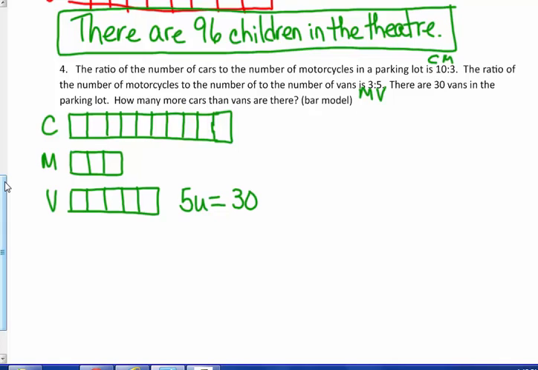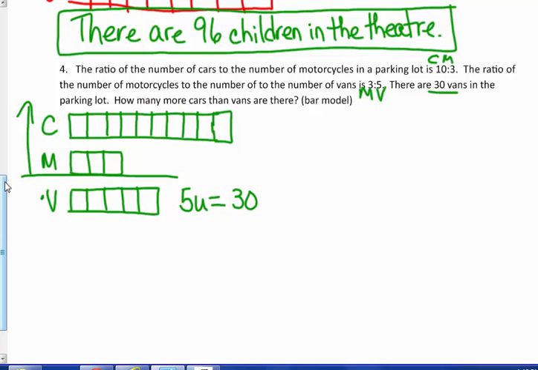This is not an altogether question. It's not asking me all together how many cars and trucks and vans and motorcycles or whatever the vehicles are in there. I'm not going to add up all the units that I see. It's only saying there are 30 vans. So don't look at the cars and the motorcycles, don't look up here, just look at the vans.